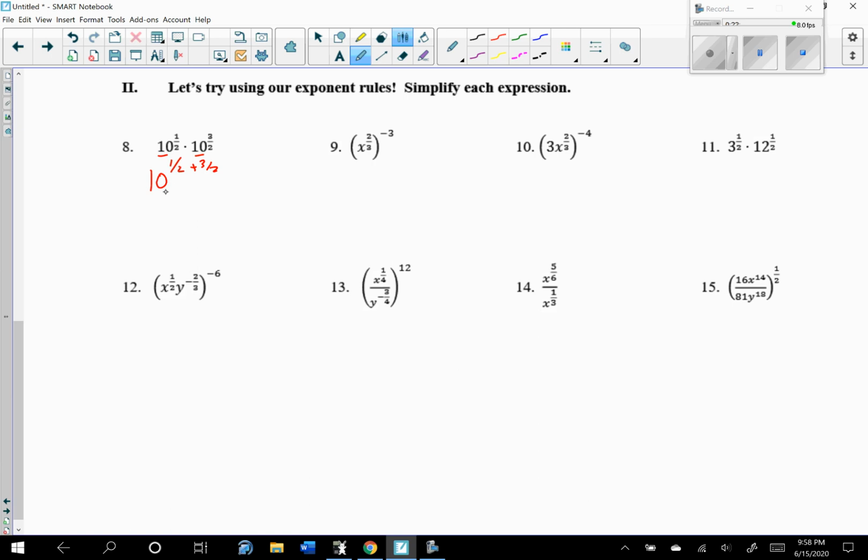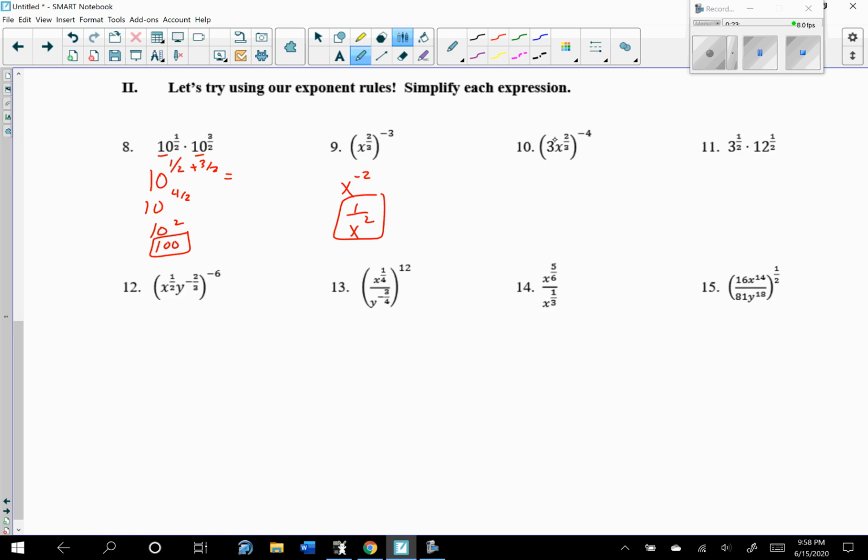So that means this is 10 to the 4/2, which is 10 squared, which is 100. Over here, we have x, and you have a power rule, so you multiply. 2/3 times -3 is just -2. We don't like to have negative exponents, so that becomes 1 over x squared.